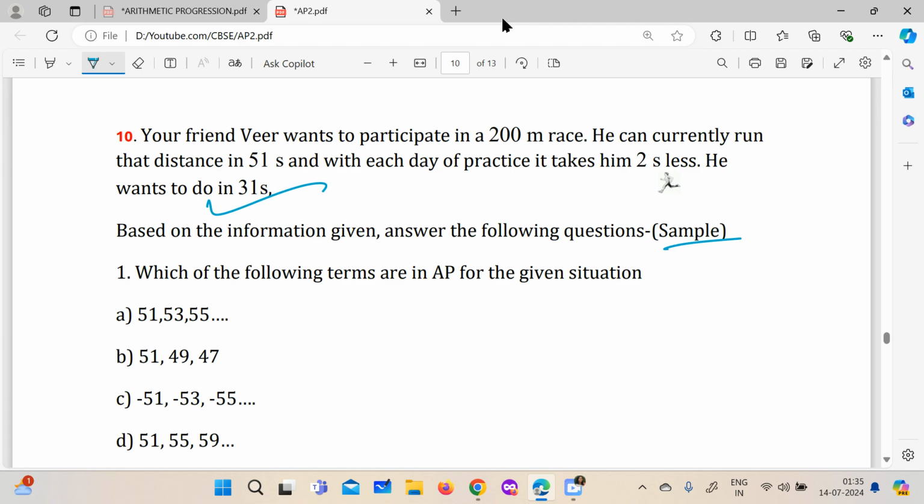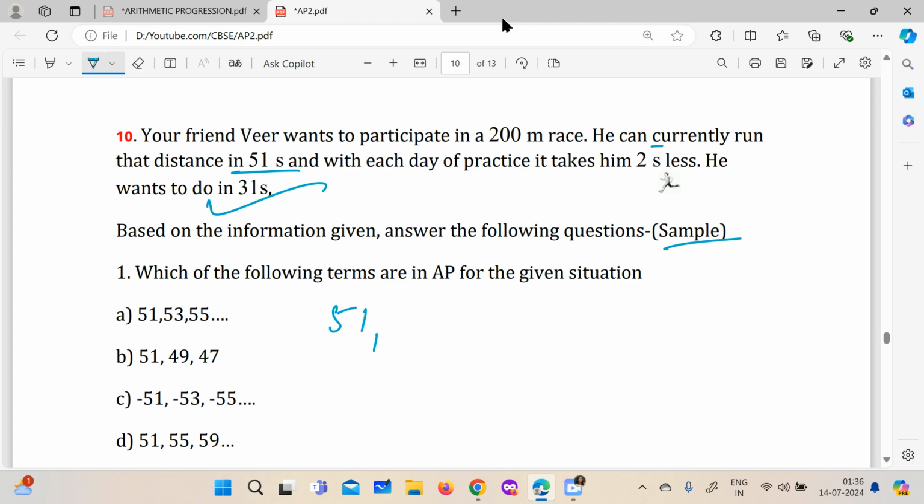Based on the information given, answer the following question. Which of the following terms are in AP for the given situation? He can currently run that distance in 51 seconds. It means the first term will be 51, and then with each day of practice it takes him 2 seconds less.